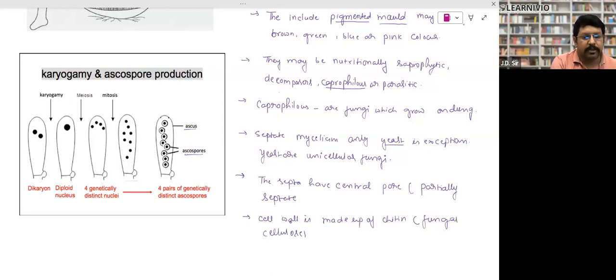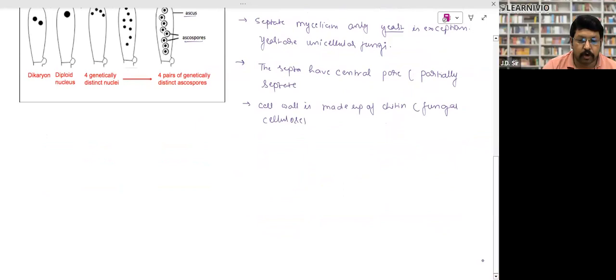Now the next point is that motile structures are absent. It means they do not have motile spores.